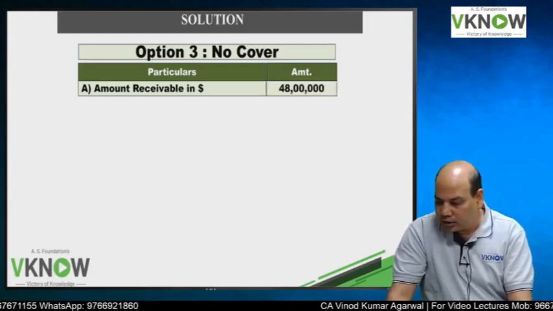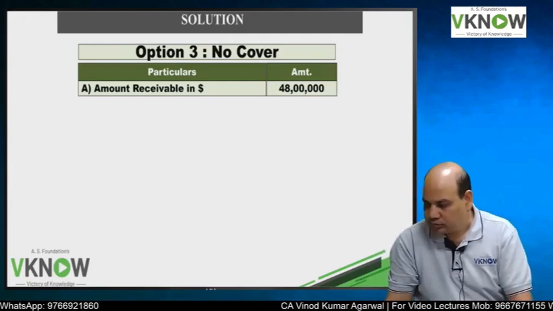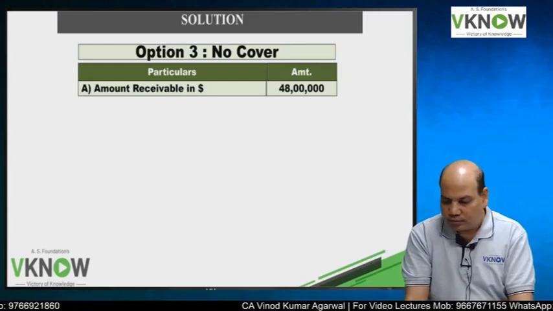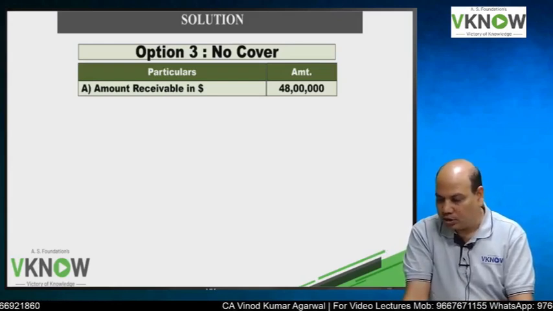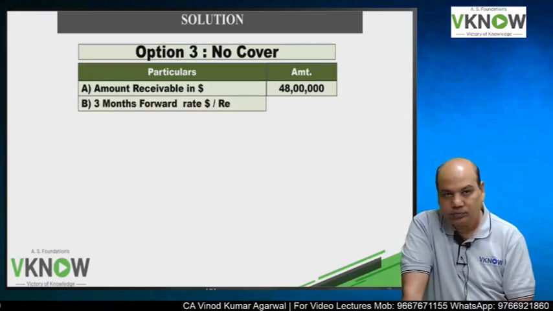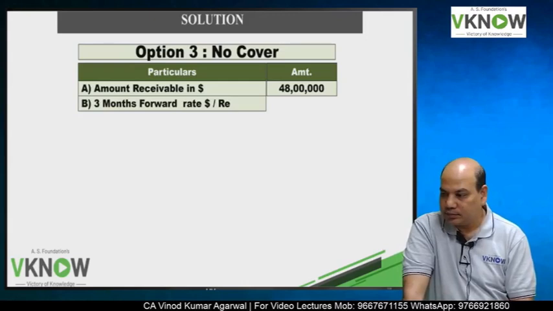Right hand side, write down. Point A, amount receivable in dollar, 48 lakh.